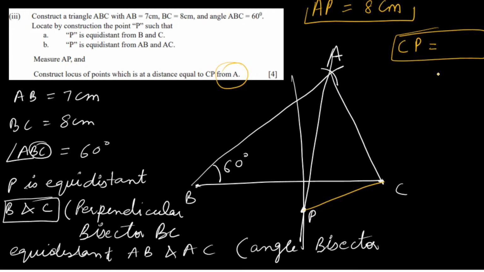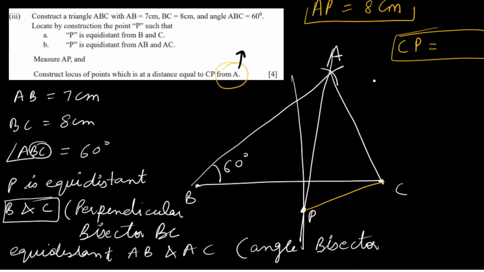Earlier also we have done this type of question. If you have to draw the locus of points which is equidistant from one point, what do we have to draw in this case? The locus of a point which is at a distance equal to CP from A. So what will we draw?